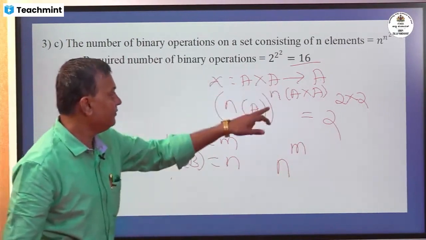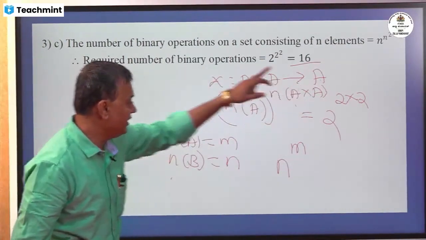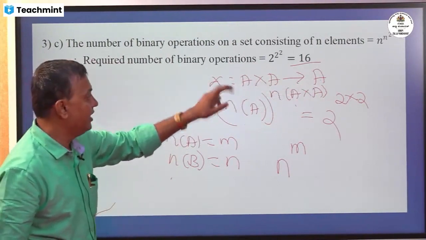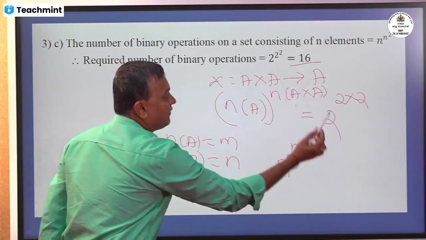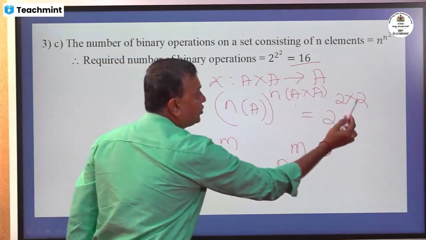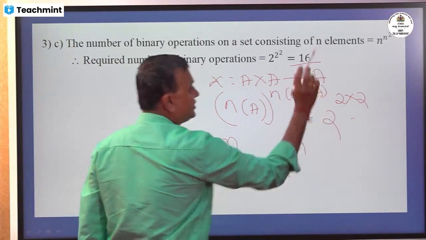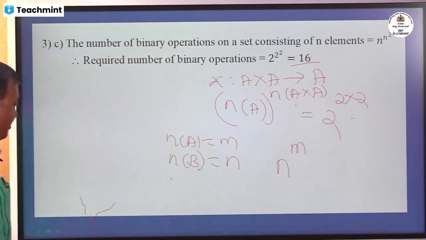Here B is A and the set is A cross A, so n of A whole to the power n of A cross A, that is 2 to the power 2 into 2, so 2 to the power 4, 16 binary operations.